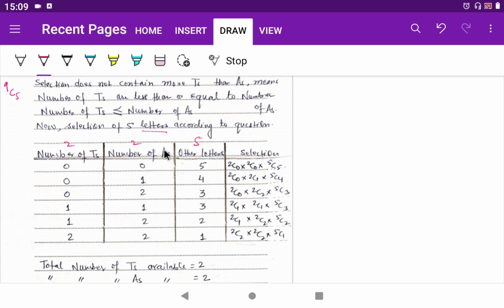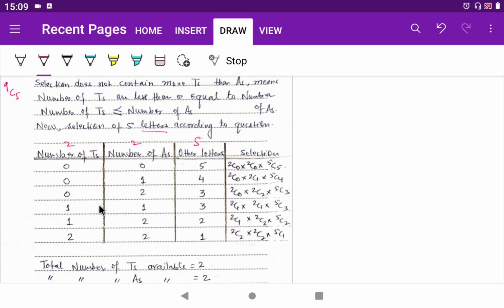So in 2 A's I choose 1: 2C0, 2C1, and in the 5 letters I choose 4, so 5C4. Next, T0 but I choose A2, and the other is 3, because I only want to choose 5 letters. The 2 are already chosen, so now I can choose 3 letters from the other letters: 2C0, 2C2, and 5C3.